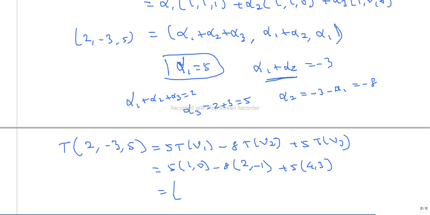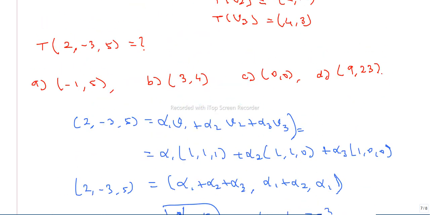The first coordinate is 5 minus 16 plus 20, and the second is 0 plus 8 plus 15, and so it should be 9 comma 23. 9 comma 23 is the answer, the last option.